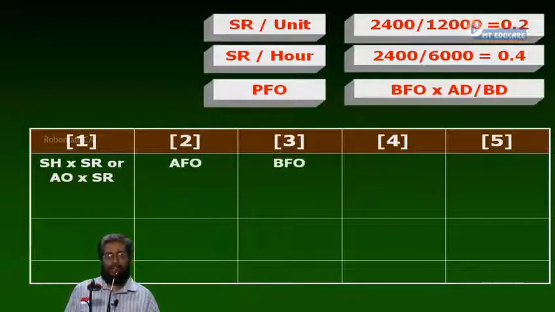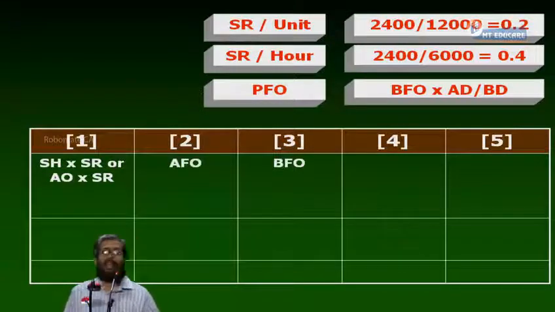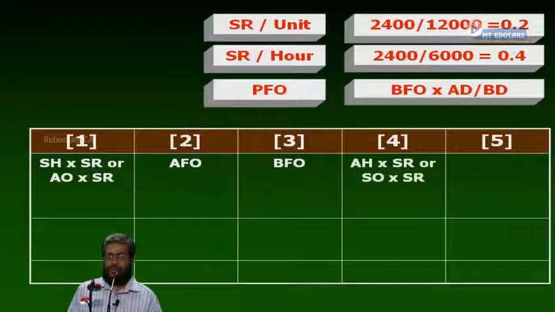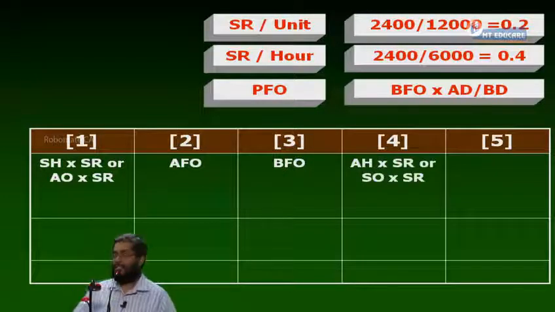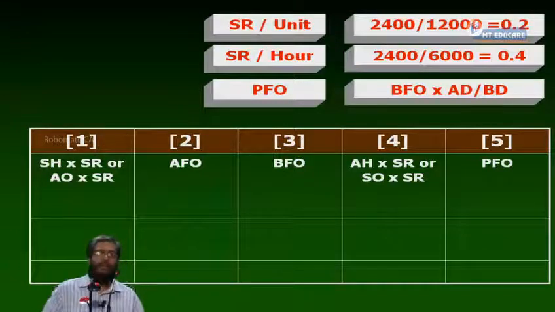Third column is BFO. It is straight away given. Fourth column is AH into SR or SO into SR. Last column is PFO, in brackets. What is PFO? PFO is BFO into AD by BD.